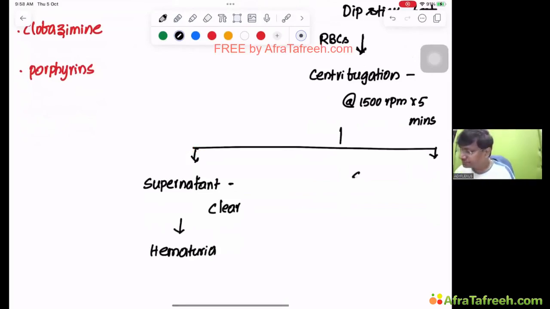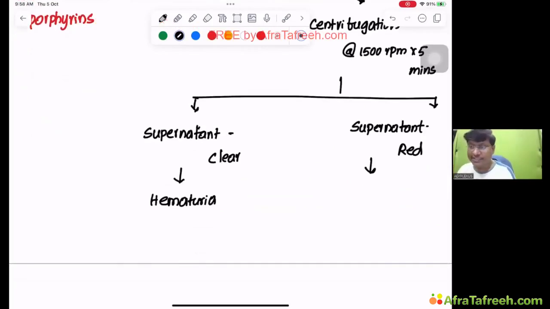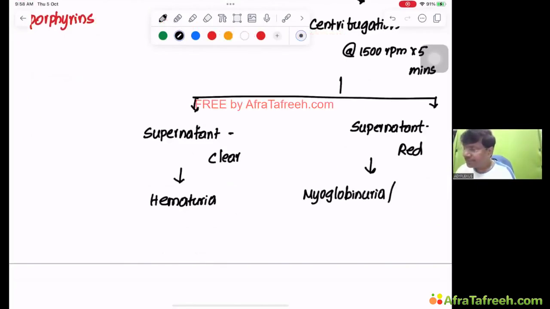If the supernatant is red in spite of centrifugation, there are two options. Either it could be myoglobinuria or it could be hemoglobinuria.